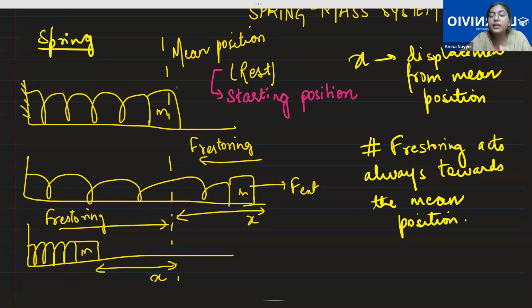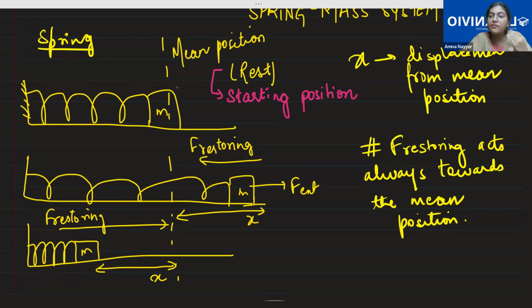Automatically, a restoring force will be developed. If a body is rotating, a restoring torque will be developed. Torque is basically the rotational force. So restoring torque or restoring force is developed that tries to bring the body back to its original state so that it can again be stable.